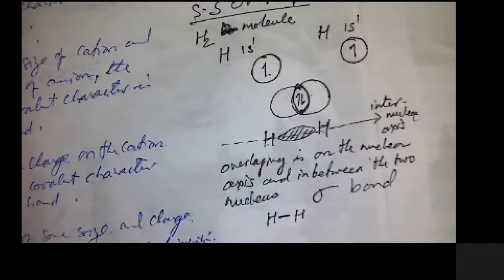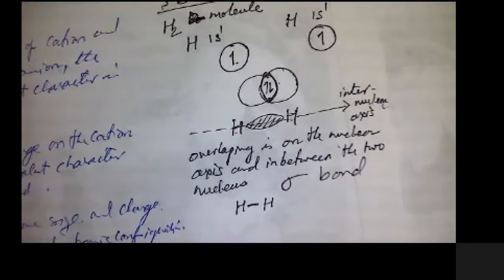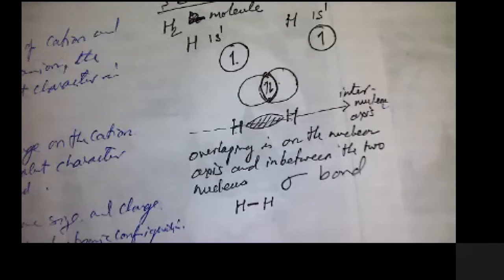Understood? S is combining with S. So what is it forming? It's forming a sigma bond. Then SS is this one. It's not necessary that it has to be between S and S. It can be between other orbitals also.